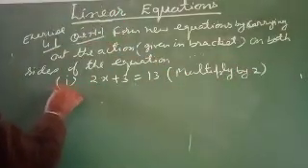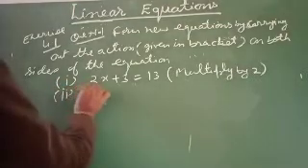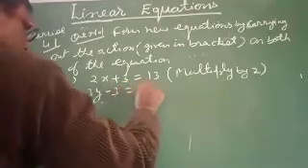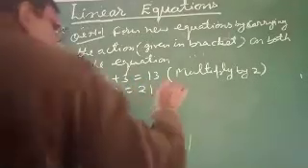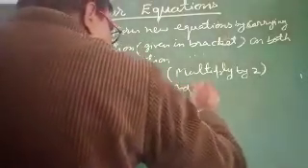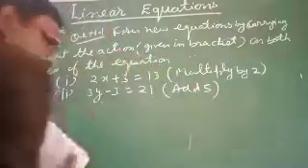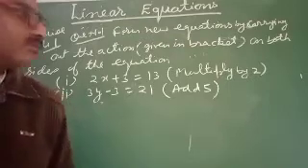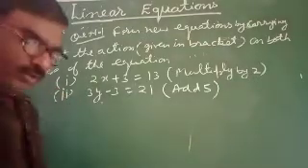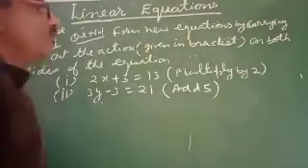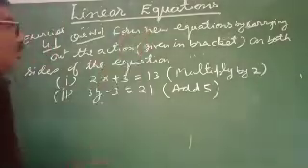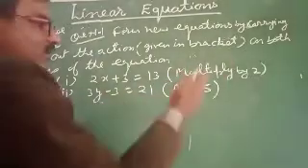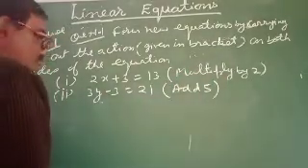The second part is 3y minus 3 equals 2, add 5. Now we have to find out the new equation from this equation by multiplying by 2 on both sides.